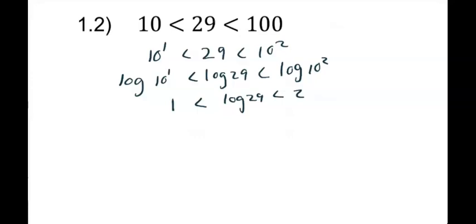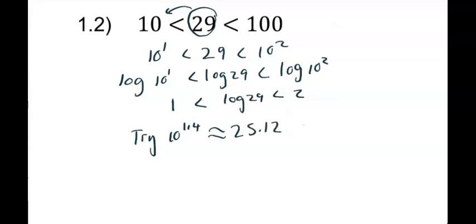Since 29 is nearer to 10 than to 100, let us try a smaller number. So let us try 10 to the 1.4. And if you look that up on a calculator, we get approximately 25.12, which is less than 29.